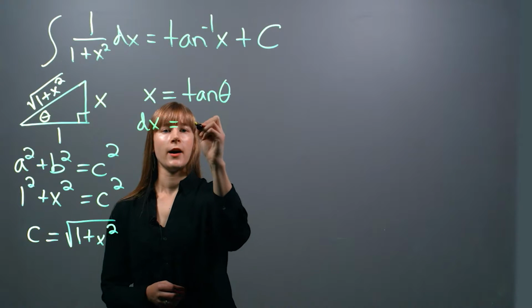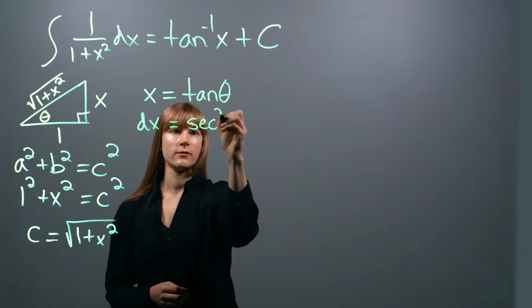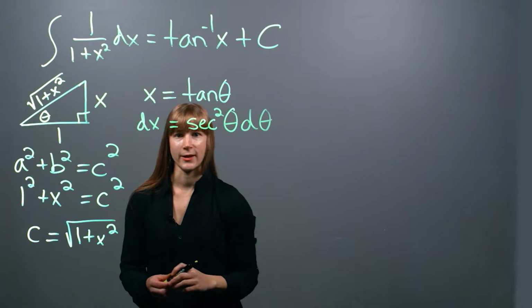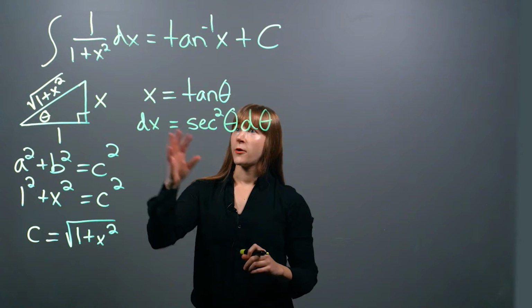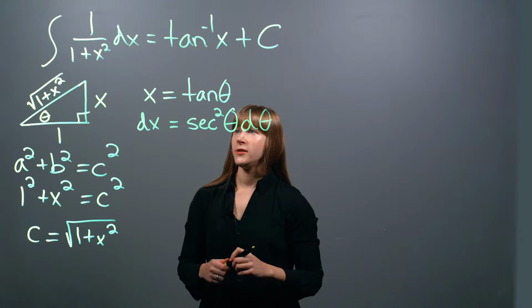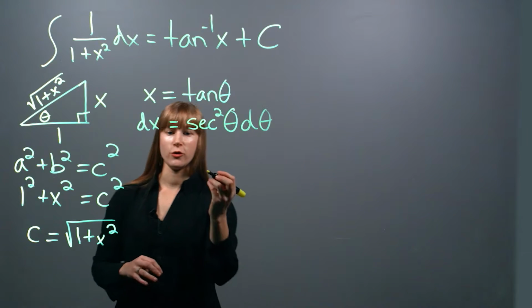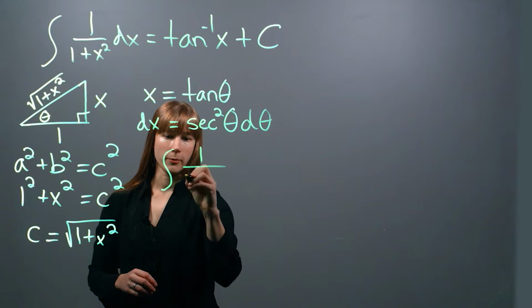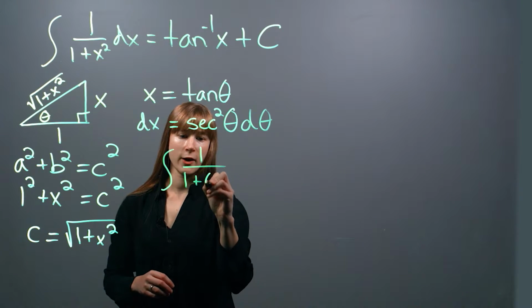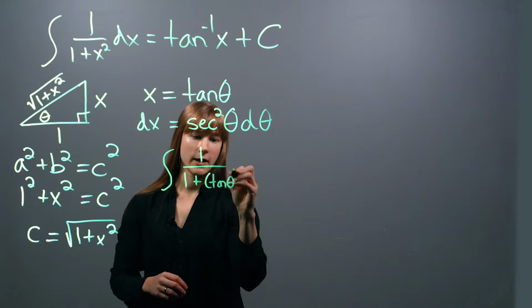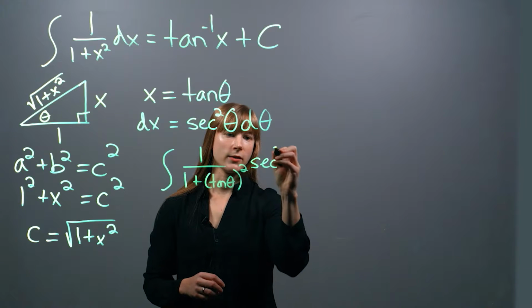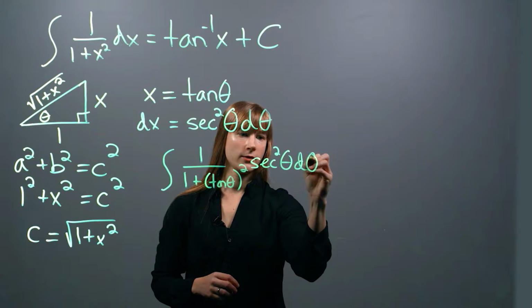So dx, the derivative of tangent is secant squared theta, and we get our d theta at the end. So now I have what I need to plug into my integral. So I will replace my x with tan theta, and I'll replace my dx with secant squared theta d theta.